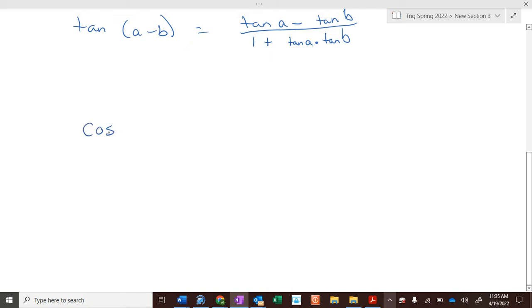What is the cosine on your unit circle of 5 pi over 12? Look on your unit circle, find 5 pi over 12. What's the cosine of 5 pi over 12 on your unit circle?